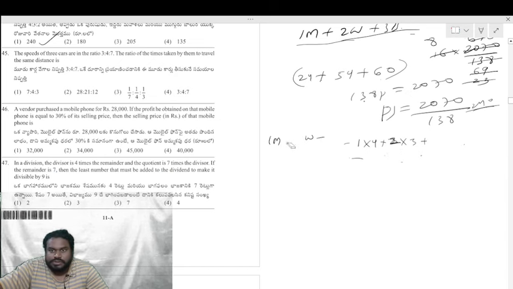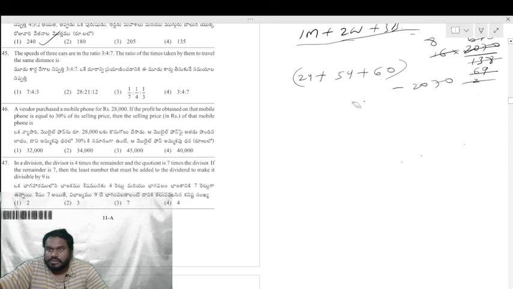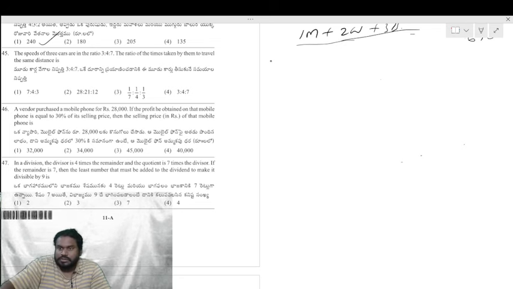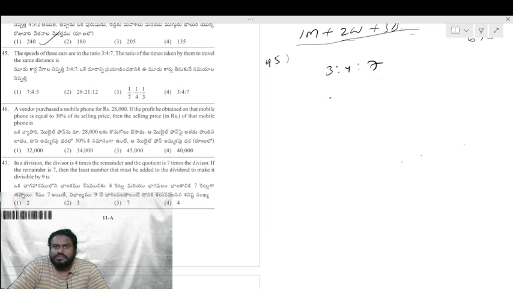The speeds of 3 cars are in the ratio 3:4:7. What is the ratio of the times taken by them to travel the same distance?